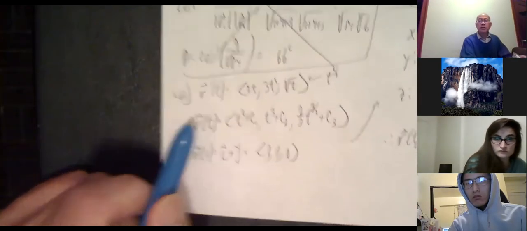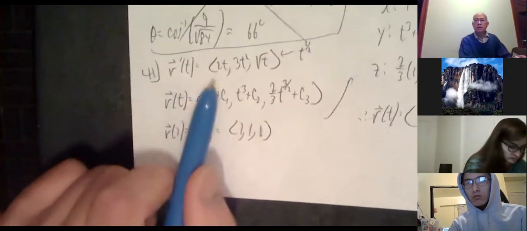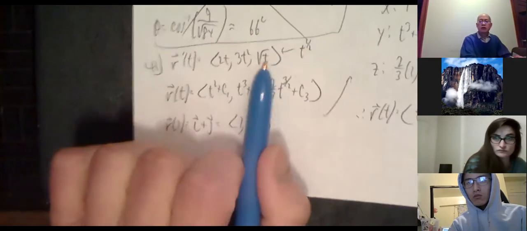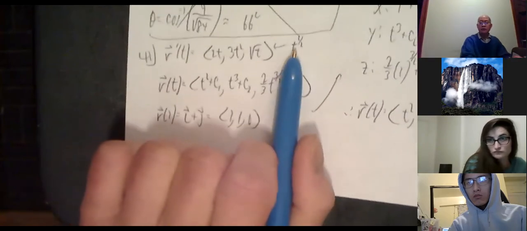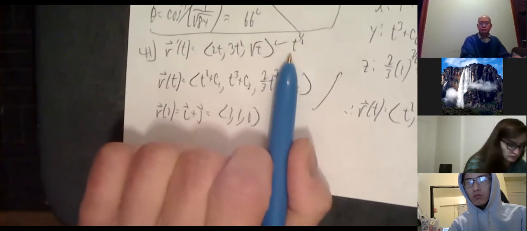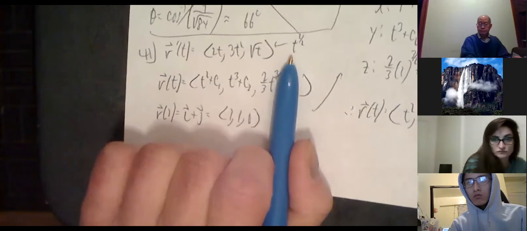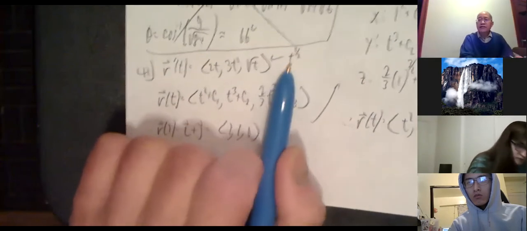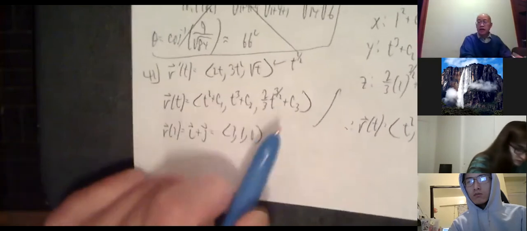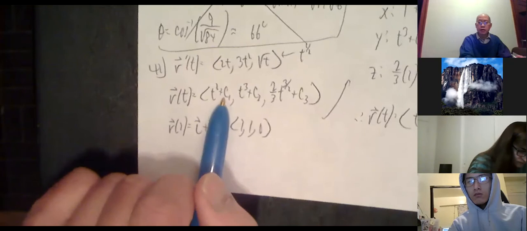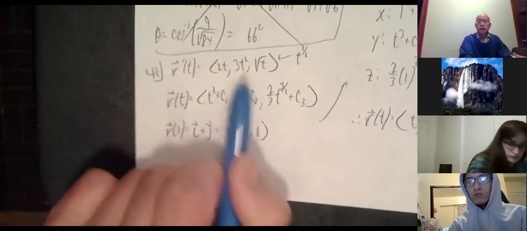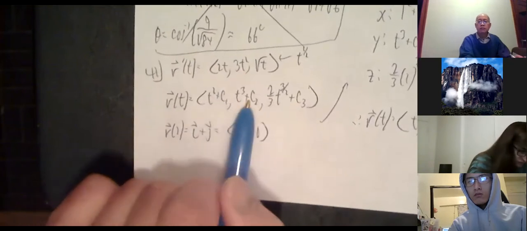So r prime was given to be 2t, 3t squared, radical t. Now, when I integrate, I'm going to treat this as t to the half. This is an indefinite integral, which means you need constants. Integral of 2t is t squared plus c1. Integral of 3t squared is t cubed plus c2.